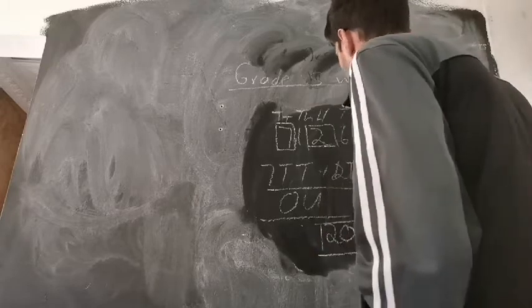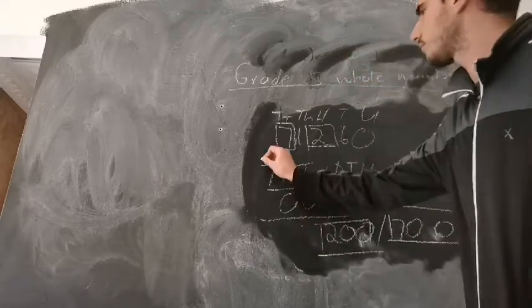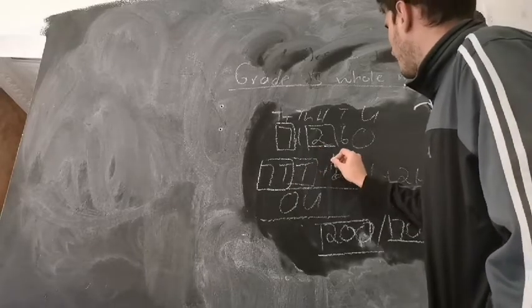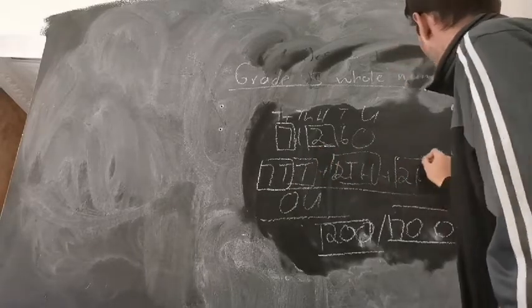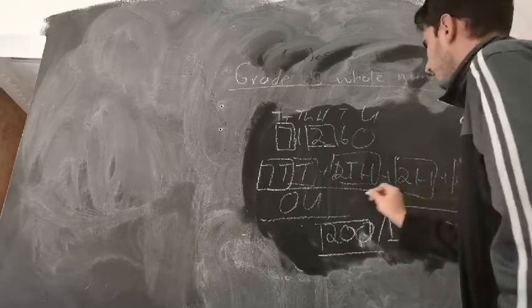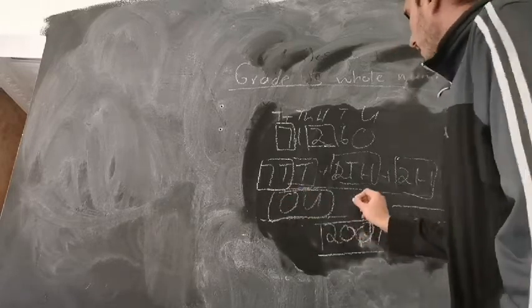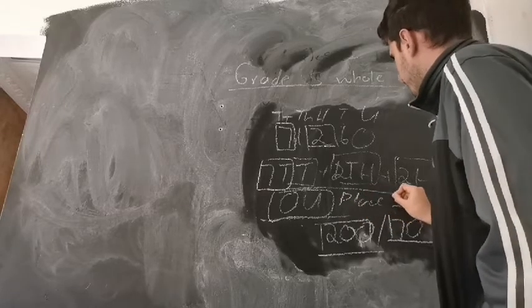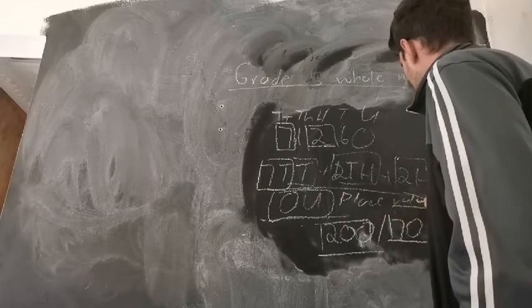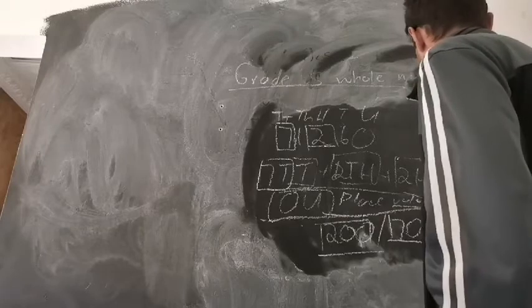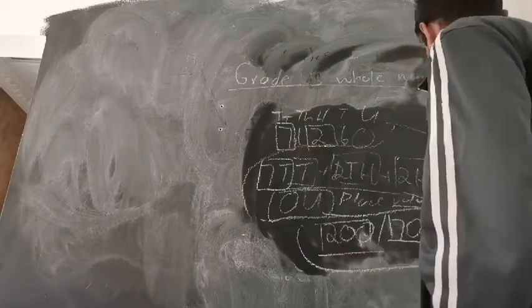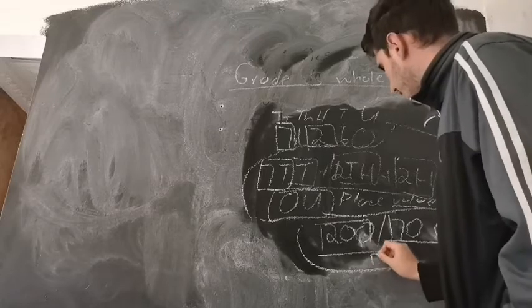This is what number value means. Place value means the following: 7 10,000s, 1,000s, 200s, 6 tens, 0 units. This is known as my place value. Okay, so this is place value. This is number value.